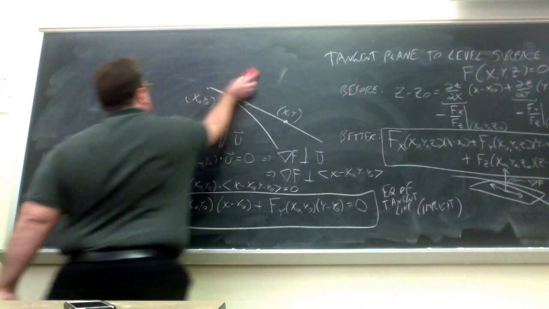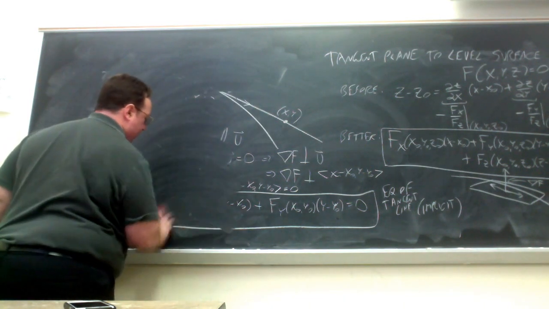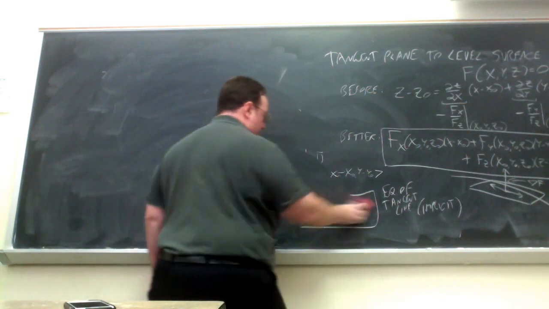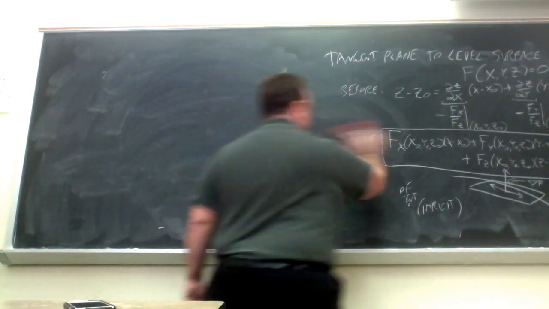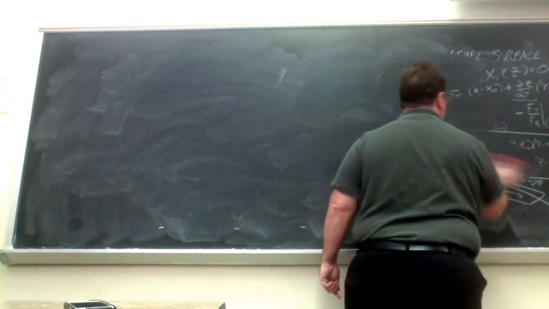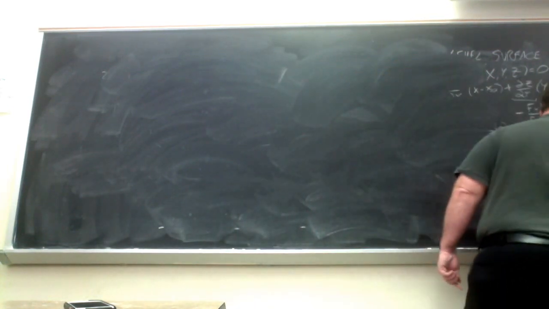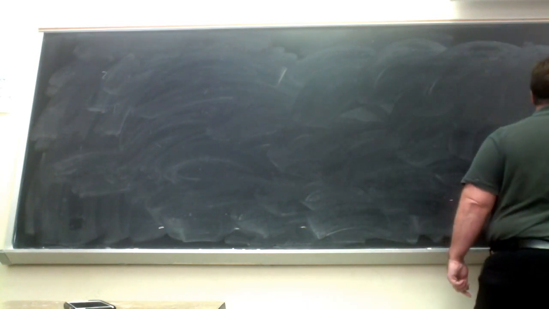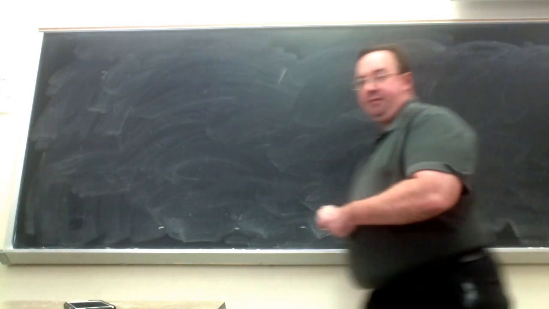Now, in Calculus 1, you learned how to compute the max and min of functions. Today we're going to talk about local max and local min. And similar ideas apply in multivariable.